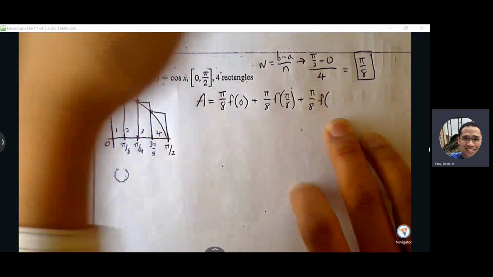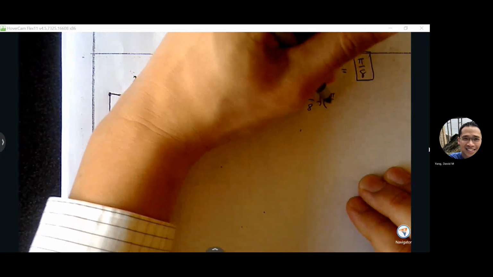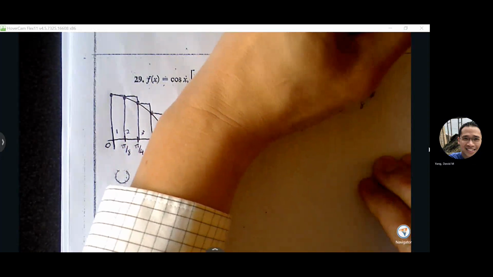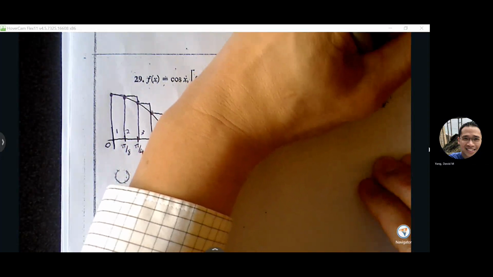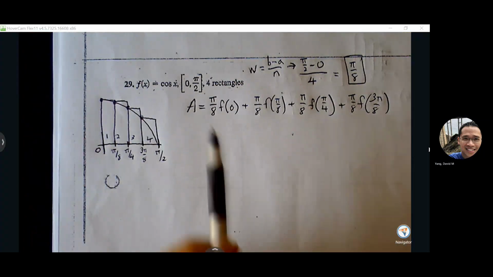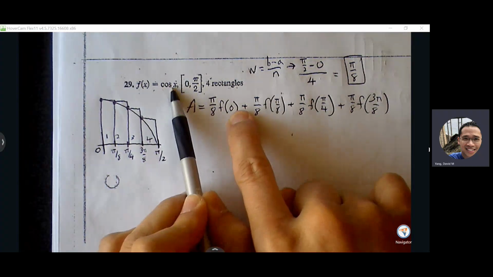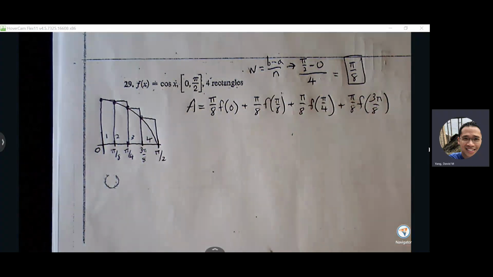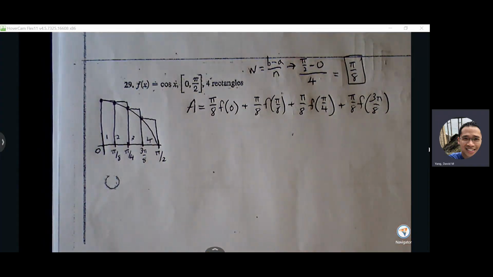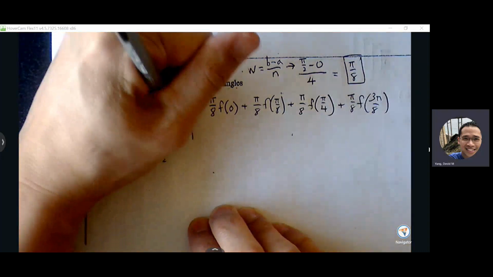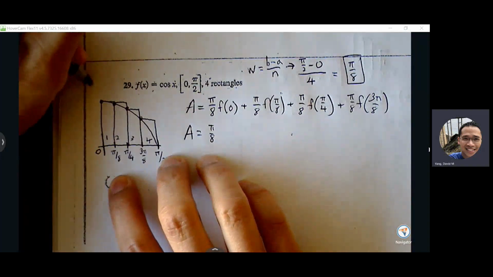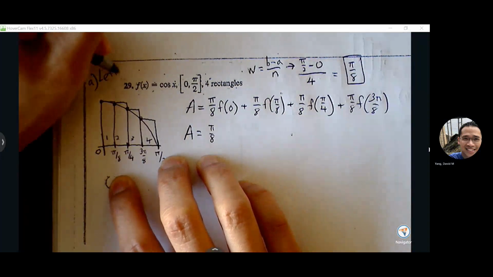Third rectangle, I want to choose pi over 4. Fourth rectangle, I want to choose 3 pi over 8. Now we insert each value into the function and get that decimal value, and that decimal value will represent the height of each of my rectangles. By the way, we're starting off with left-handed rectangles.